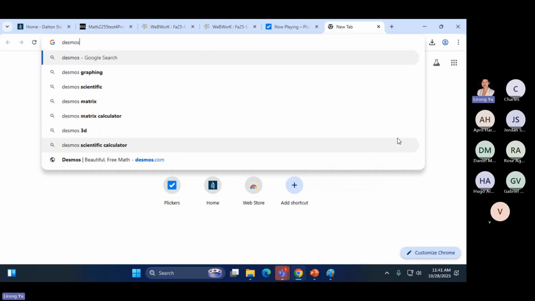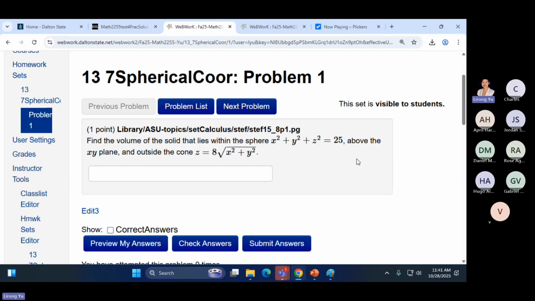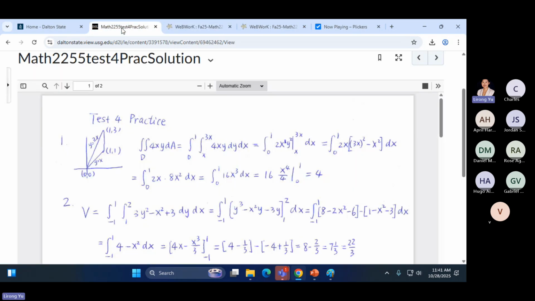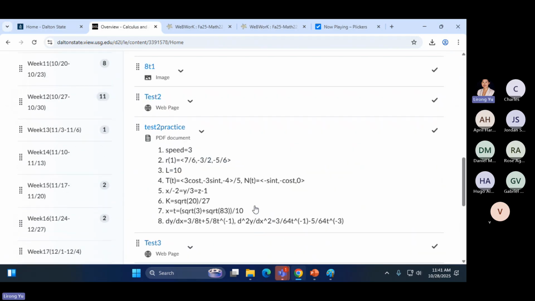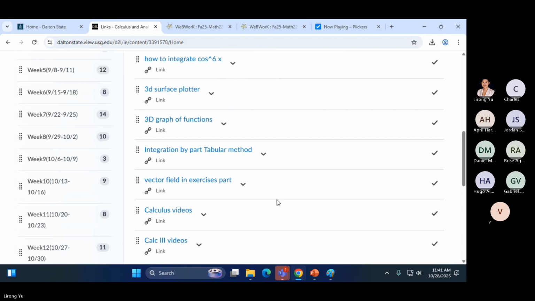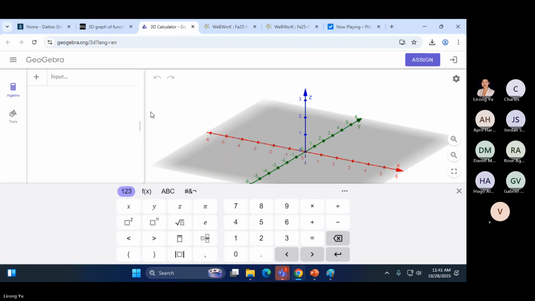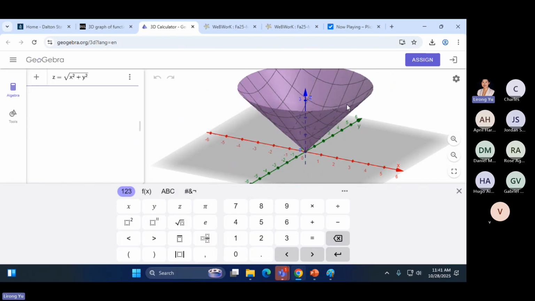The coefficient indicates the shape of the graph. Okay, I just want to illustrate how it looks. z equals the square root of x squared plus y squared.